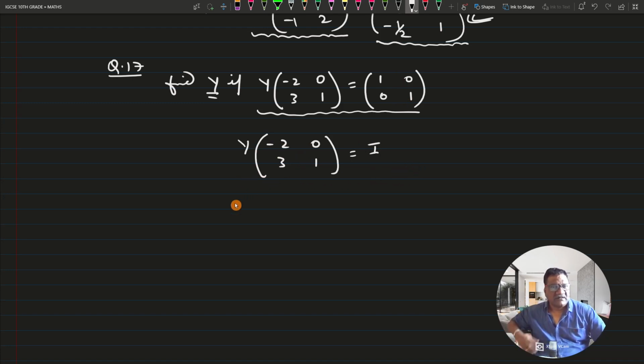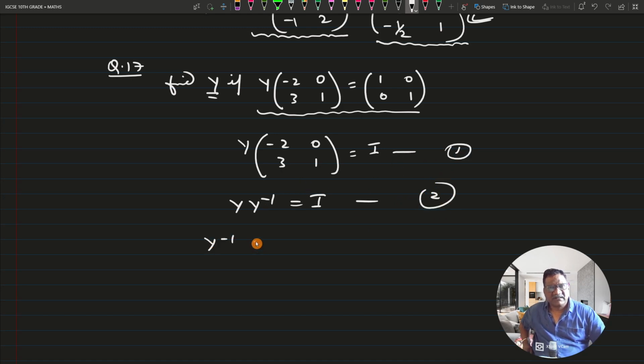Now you know that y multiplied by y inverse will be equal to I. Okay. Therefore, comparing this 1 and 2, can you say that this y inverse will be nothing but minus 2, 0, 3 and 1. Okay. Y inverse will be this minus 2, 0, 3 and 1.